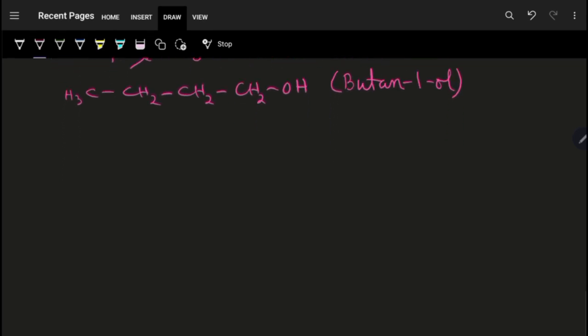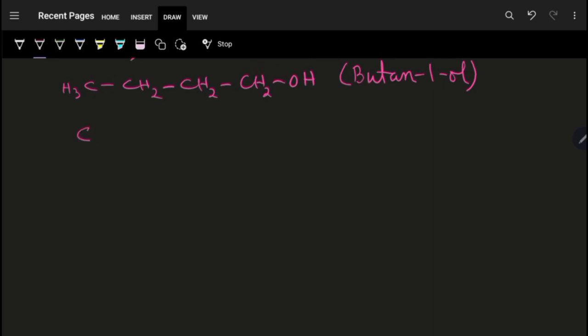The 4 carbon atoms may be aligned in this manner also, 1, 2, 3, 4, and I can change the position of the OH group. So I have given it to this carbon atom, which is a 2 degree carbon. On both sides, it is having 2 carbon atoms, so it's a 2 degree.